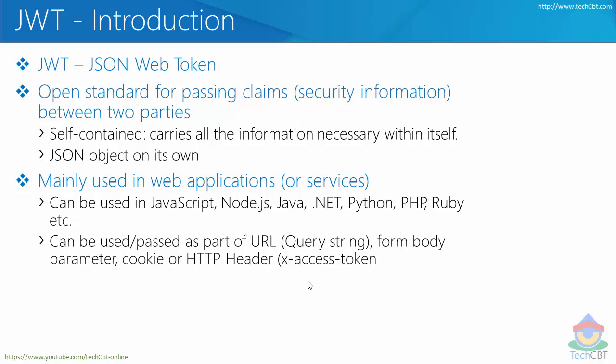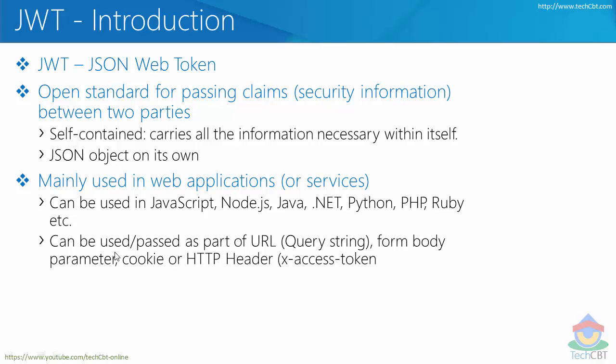Whenever you are working with JSON Web Token, you can pass that web token for all the subsequent client requests using the URL in the form of a query string, or a body parameter just like a form post, or you can also send it using an HTTP header, usually with the header entry name X-access-token.